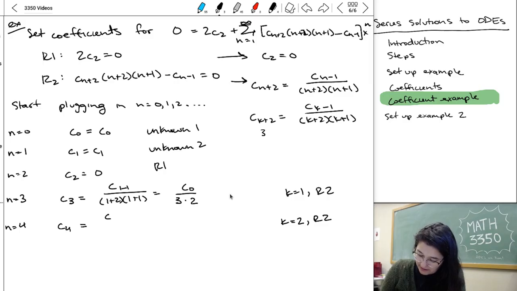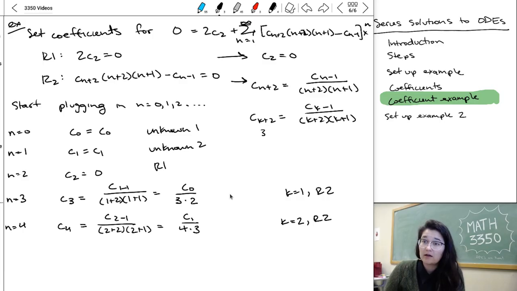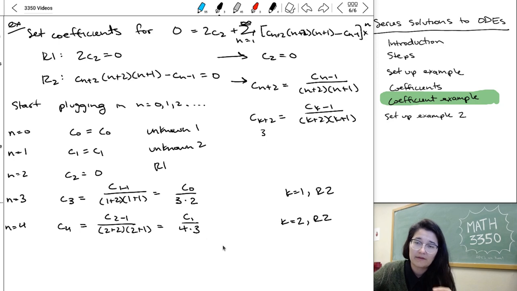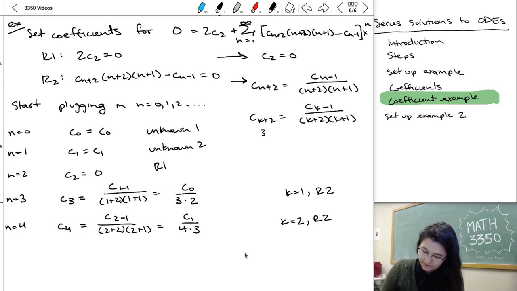So that's c_{2-1} over (2+2) times (2+1). That's C1 over 4 times 3. And so somehow when I'm moving up in the n's, I'm always dividing by two numbers that are sequential, and they're getting higher. So I like that about my pattern so far.